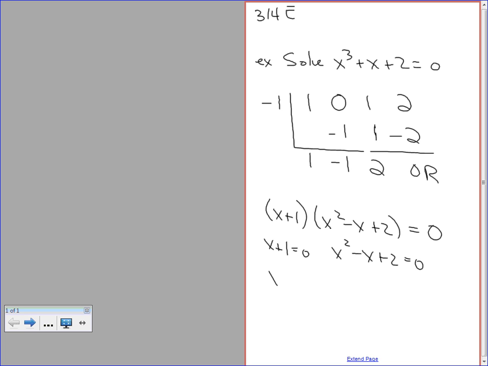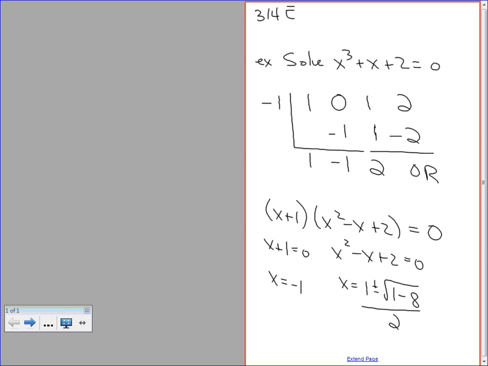My first answer is x minus 1. My second answer and my third answer come from the quadratic formula. X is equal to -b plus or minus the square root of b squared minus 4ac, all over 2a. So I did a lot of math there, substitution without showing any work.